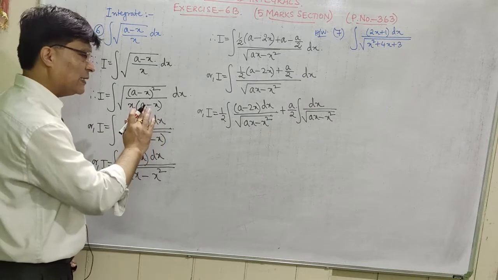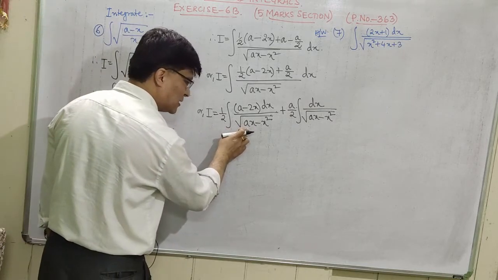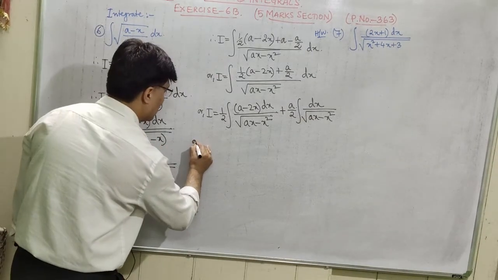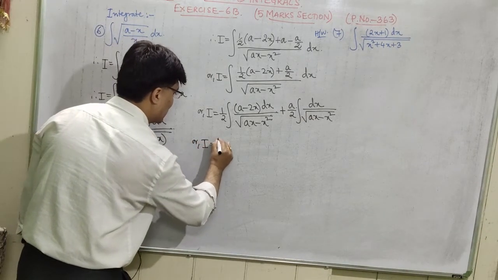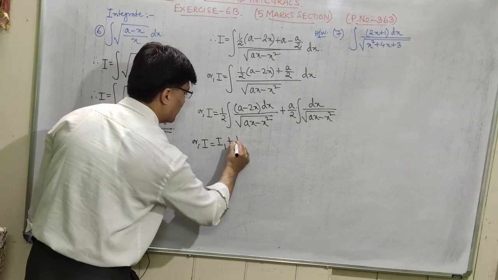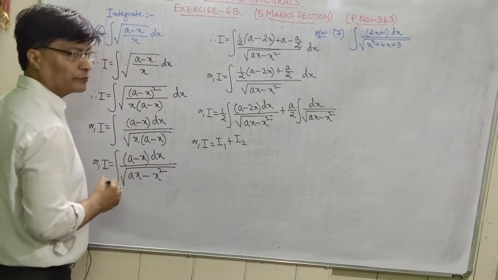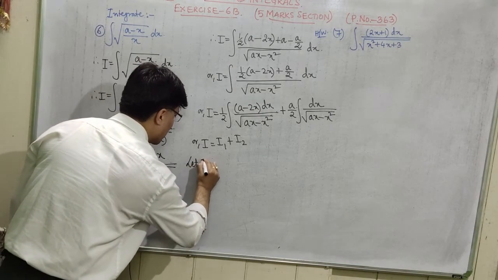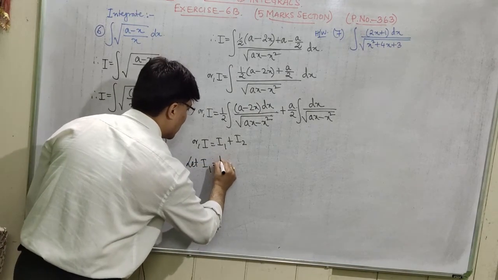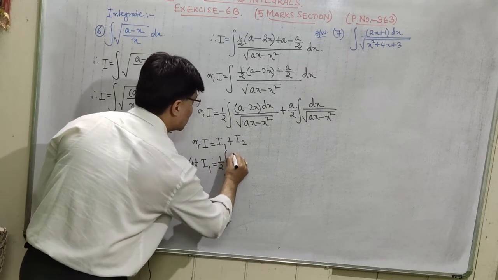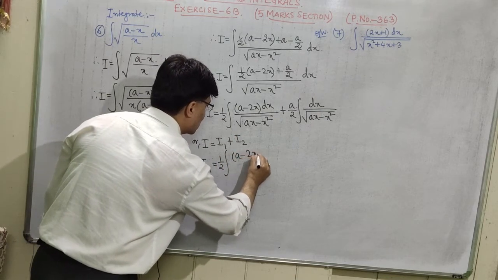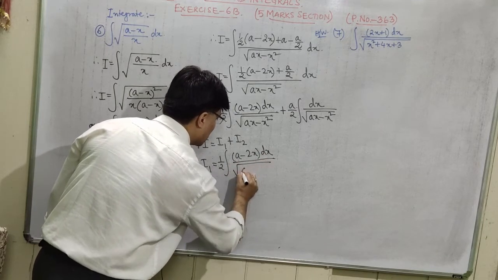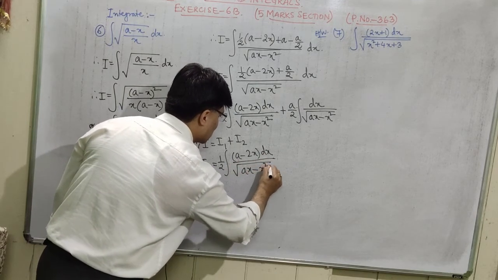So let us write this integration as I1 and this integration as I2. So now I is equal to I1 plus I2. Let I1 be equal to half integration of a minus 2x, bracket close, dx divided by within square root ax minus x square.